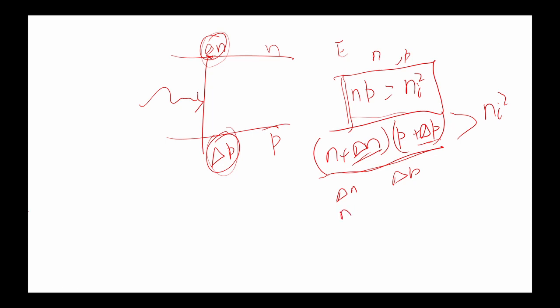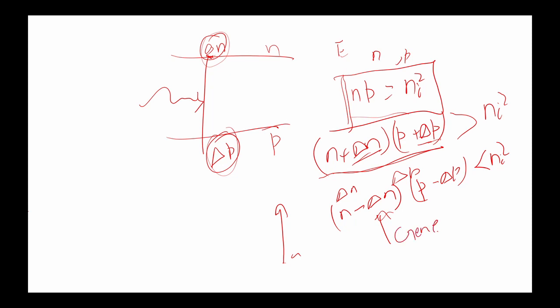In this case we have n minus delta n times p minus delta p, which is less than ni square. So this system again wants to go to equilibrium. How will it go? It will generate more electrons and holes. So in this case, generation will happen.